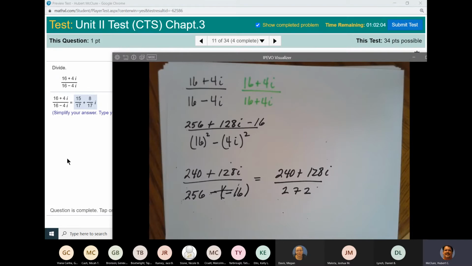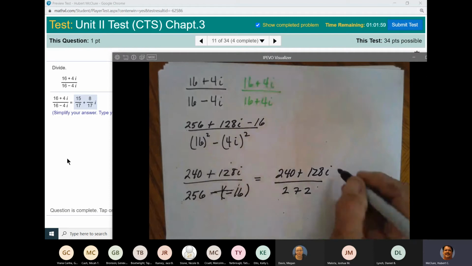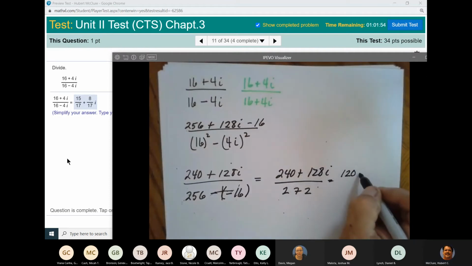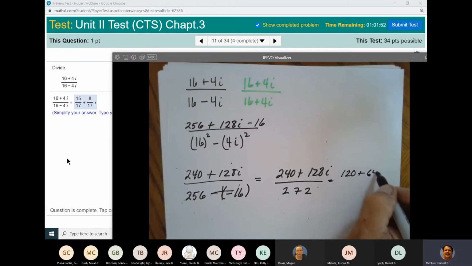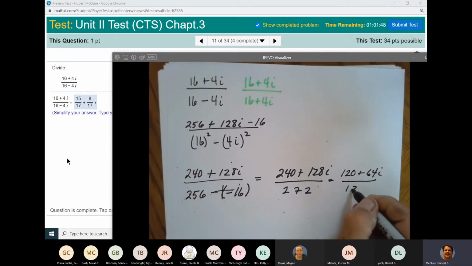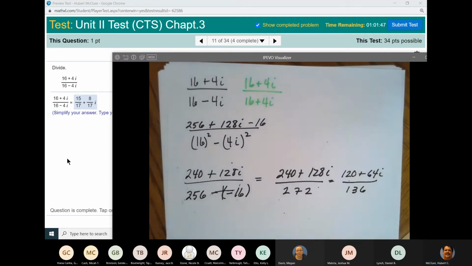And we can reduce that because they're all even numbers. I'm just going to reduce by 2 because that's the easiest one you can do in your head. 120 plus 64i over 136. And 2 will go into this.